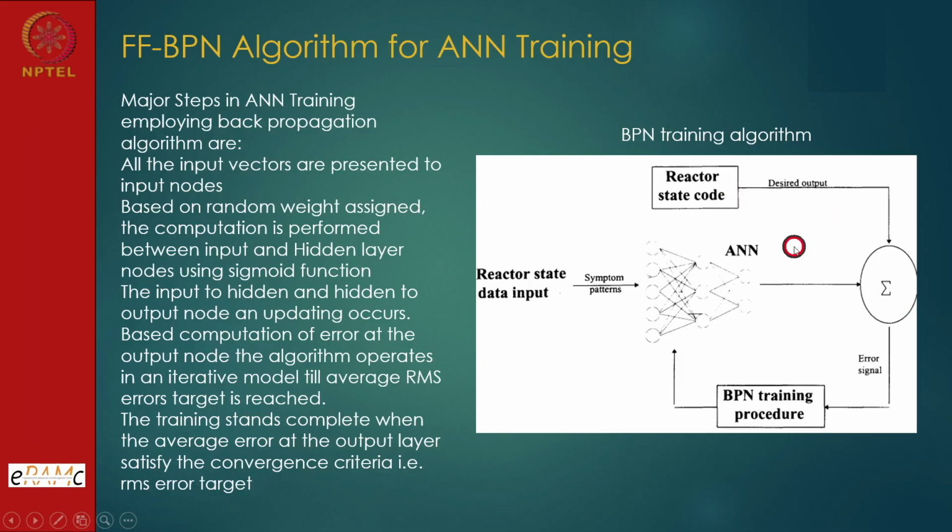So ANN output is there, desired output is there, error will be computed, and then the BPN algorithm will give feedback to the ANN for further training till the target average error at the output has been achieved. Okay. So this is the training algorithm. It is called the feed forward and back propagation training algorithm.